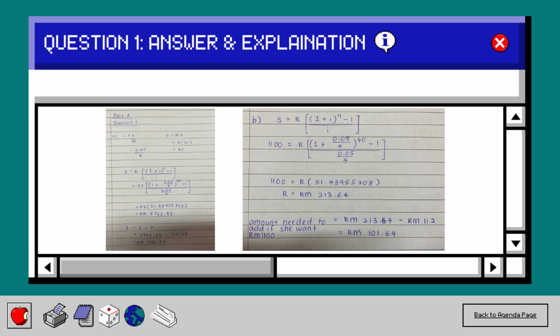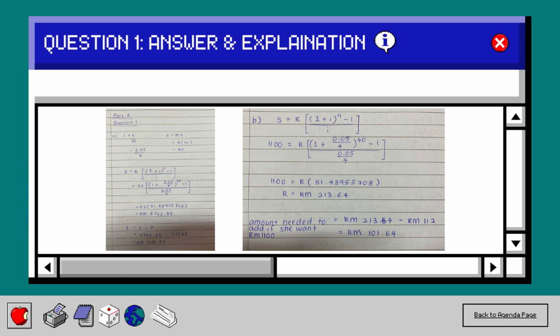So 11,000 equals R times the bracket of (1 plus 0.05 over 4) powered by 40, minus 1, over 0.05 over 4. We settle the bracket first, then transfer the amount to the other side, and we get the R amount, which is 213 ringgit and 64 cents.